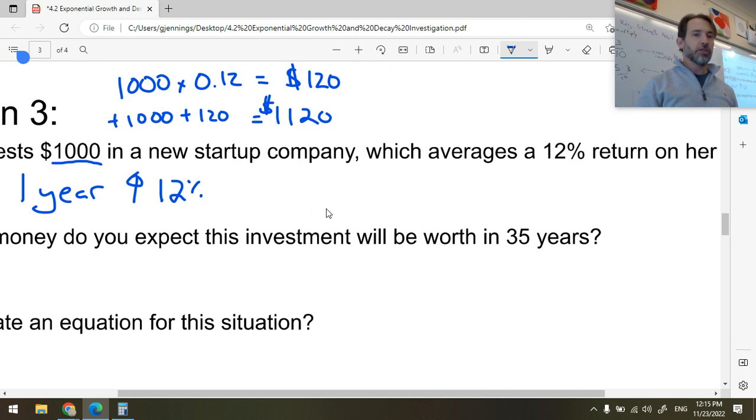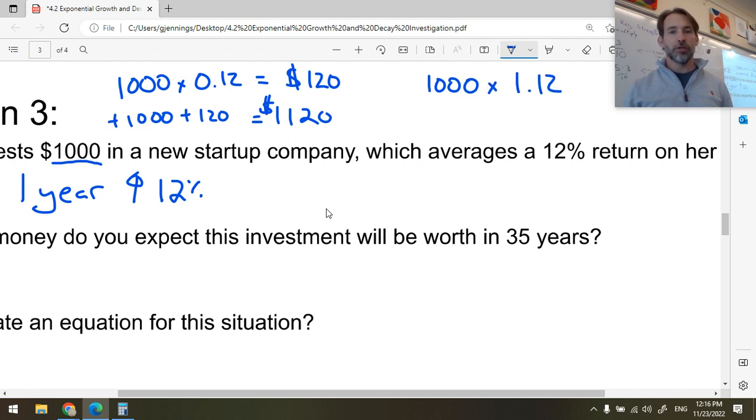When I add 1,000 to 120, what I'm doing is adding 100% of the number to 12% of the number to get 112% of the number. You see, if it grows by 12% after 1 year, there will be 112% of that thing. So instead of multiplying by 0.12 and then adding back on the initial 1,000, what we can do is just multiply 1,000 by 1.12.